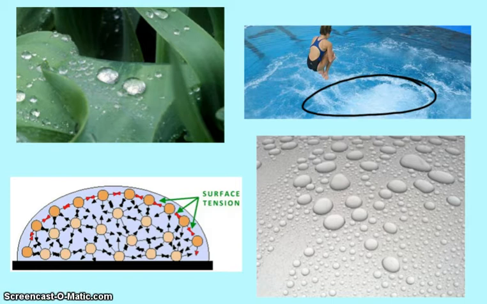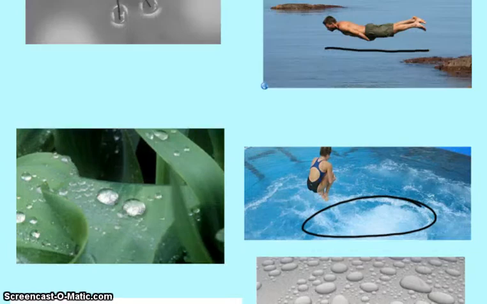And I'm sure perhaps you've seen some beads of water on a freshly waxed car or on a plant, and you can see in this diagram again what I was mentioning: if you're a particle in the middle of the liquid, then you've got attractions all around. But the ones at the surface only have the attractions inward, and thus the surface tension exists.